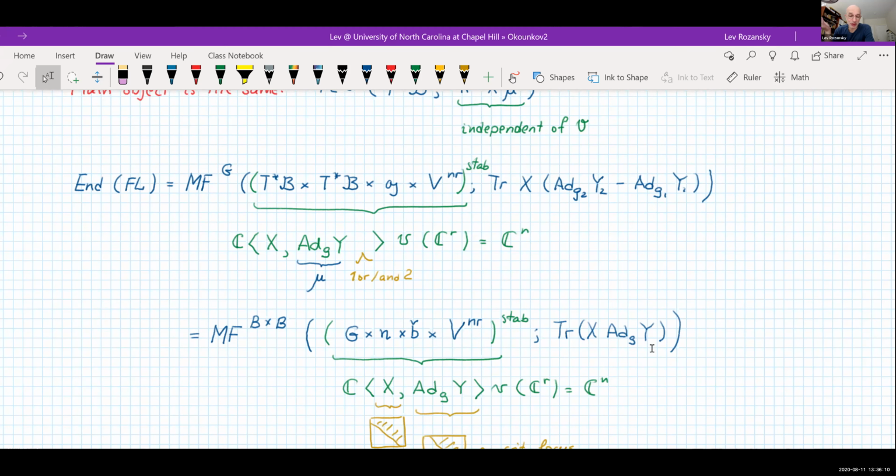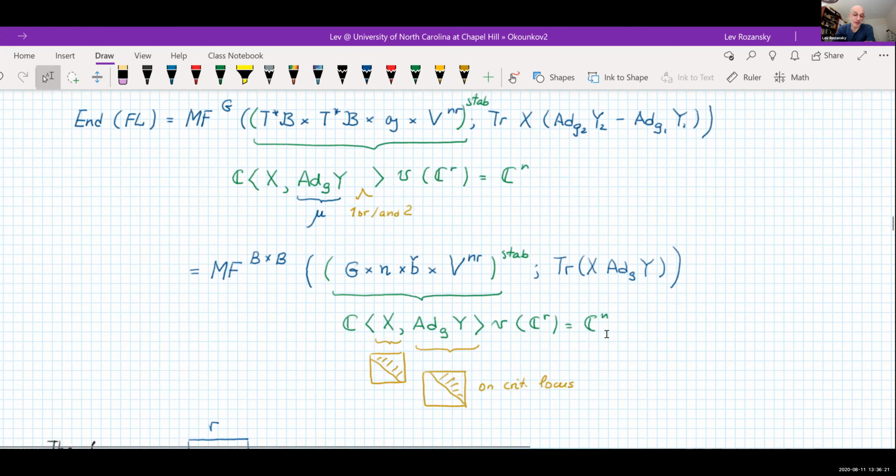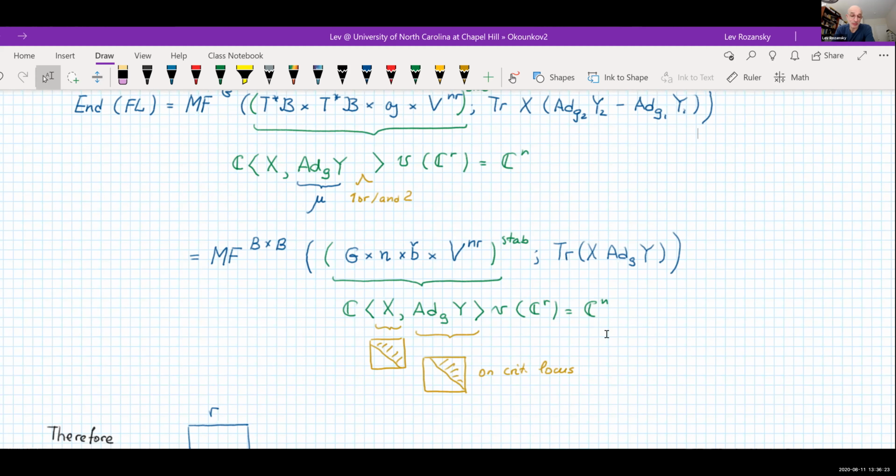I can do this Knorr, which reduces X to Borel and gets rid of one Y. So we can still end up with a close relative of our short category for braids, which would be G, group G, which tells you where the second flag is. The first flag is standard. Nilpotent matrices for parametrizing cotangent fiber over that flag. Borel matrices, that's what's left of X. And the framing vector and the stability condition, which is written here explicitly.